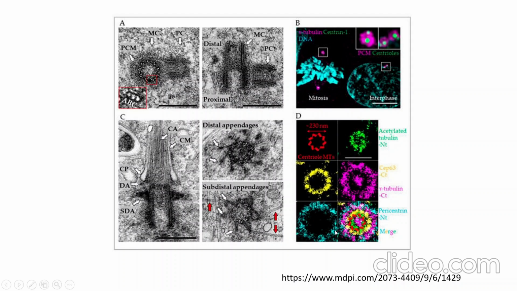So you can get an idea of the localization of these different protein components with respect to where the centriole is. They looked at acetylated tubulin, CEP63, gamma tubulin, and pericentrin. So this is how they localize when you put it all together.